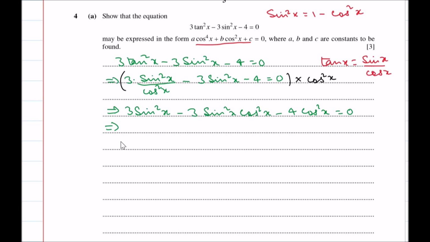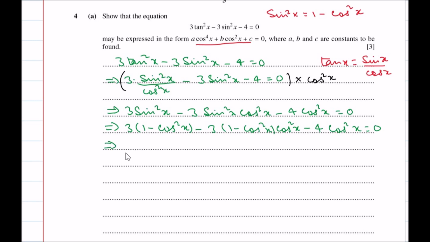Now we'll use this identity and write it here. 3 into, to replace sin square x by 1 minus cos square x, minus 3 into 1 minus cos square x into cos square x minus 4 cos square x equal to 0.